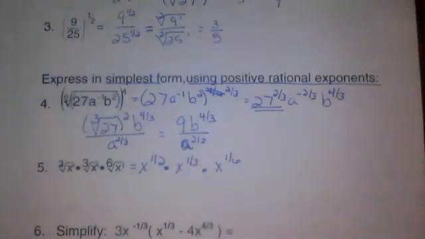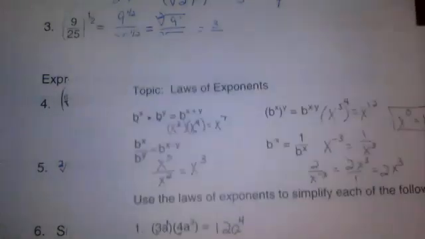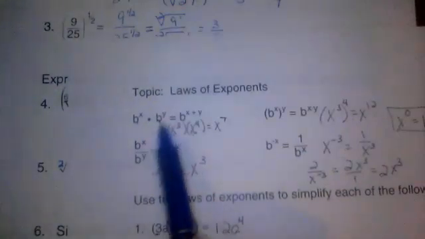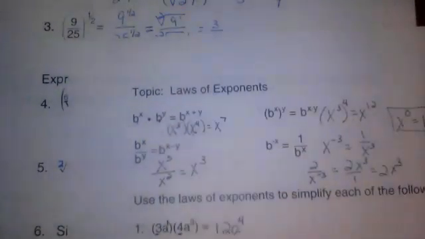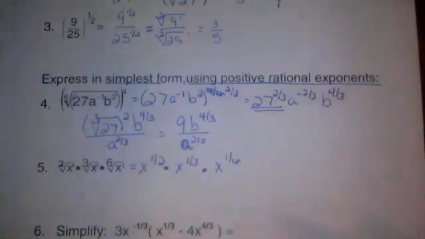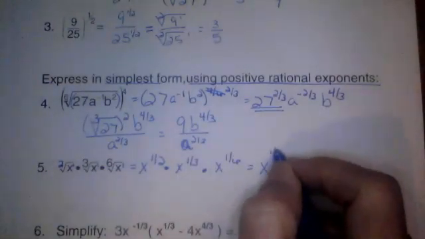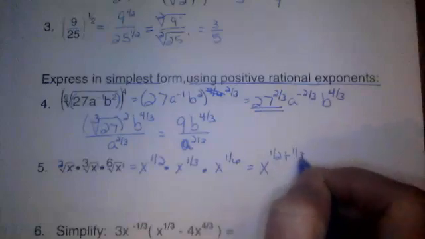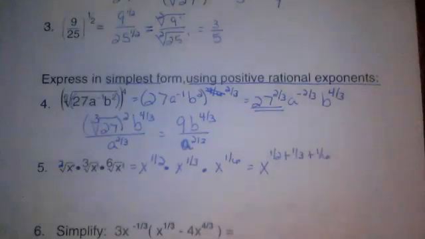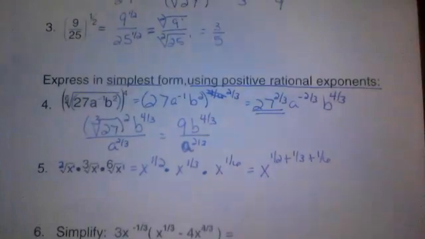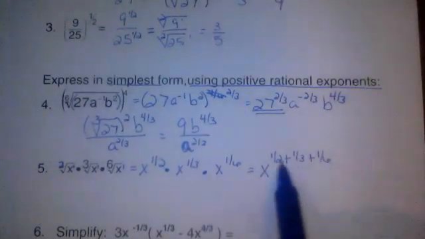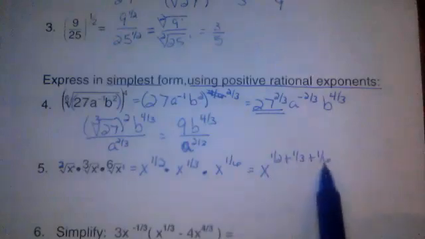Now when we are multiplying, we learned that to multiply, we need to add the exponents. So I'm going to add all those exponents together, and I'm going to have x to the 1/2 plus 1/3 plus 1/6 power. But to add all those together, I actually need to get a common denominator. And the common denominator here is going to be 6.